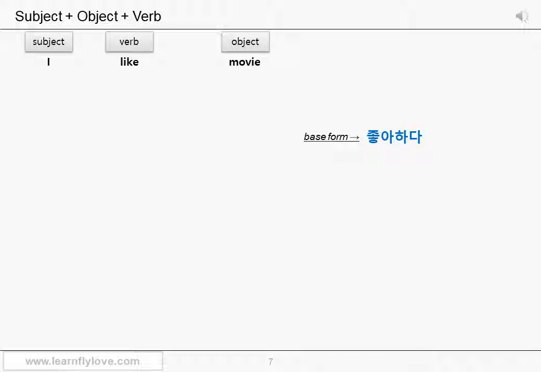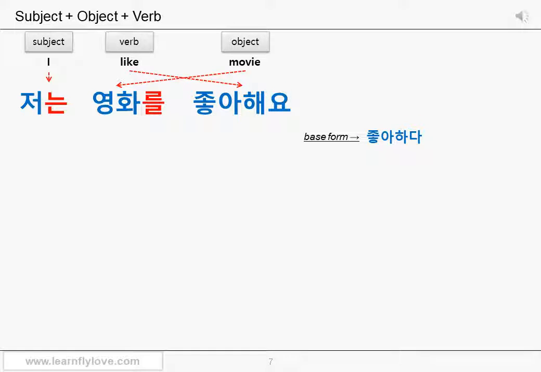I like movies. In Korean, you can say I, movie, like. I, 저, plus the topic particle 는, 저는. Movie, 영화, plus the object particle, 를, because the last letter, 화, doesn't have a final consonant. 영화를, like, 좋아해요. 저는 영화를 좋아해요. Your sister doesn't like movies.